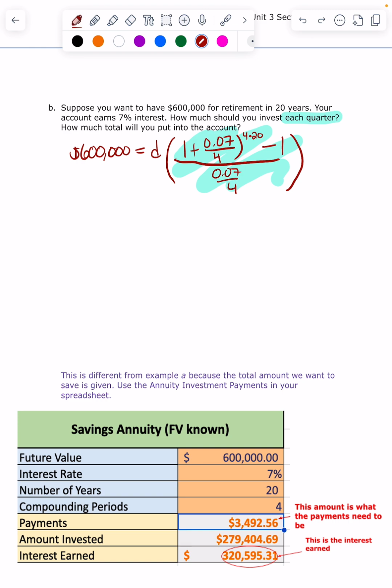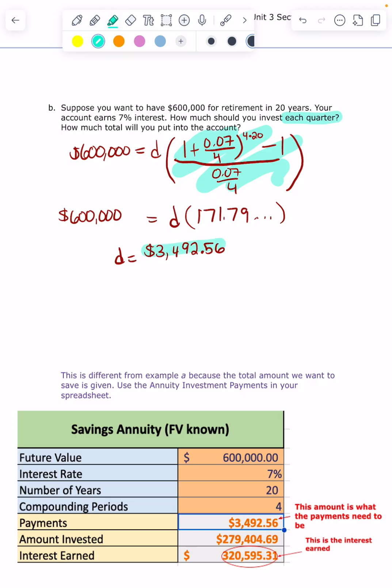Let's go back to pen mode here. And of course that's rounded, and I can round on my paper, but not in the calculator. So then I'll do on the next line, 600,000 divided by ANS for answer. So it takes that whole thing, 171.79, 38242, etc. And we get $3,492.56 when you round.